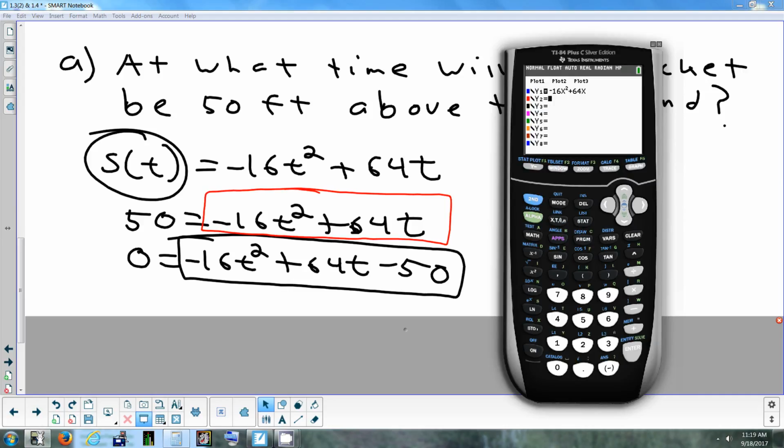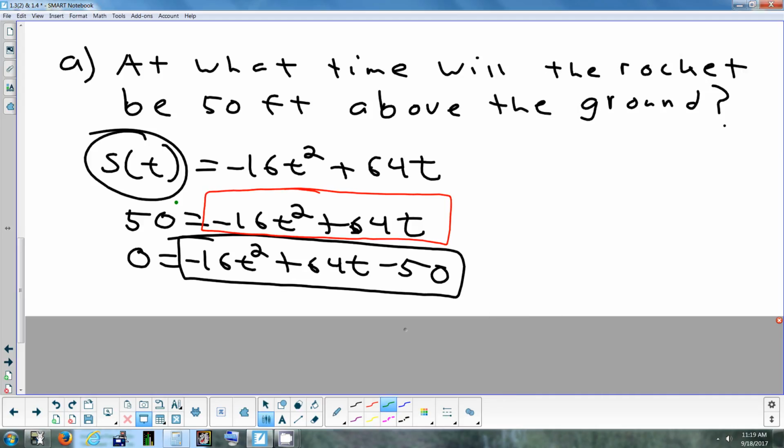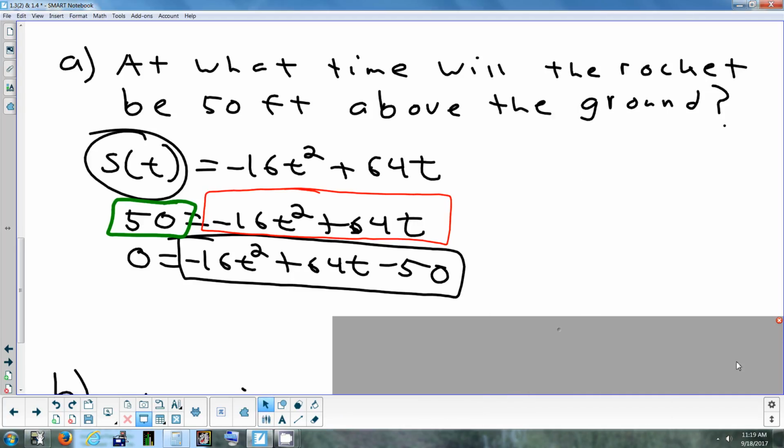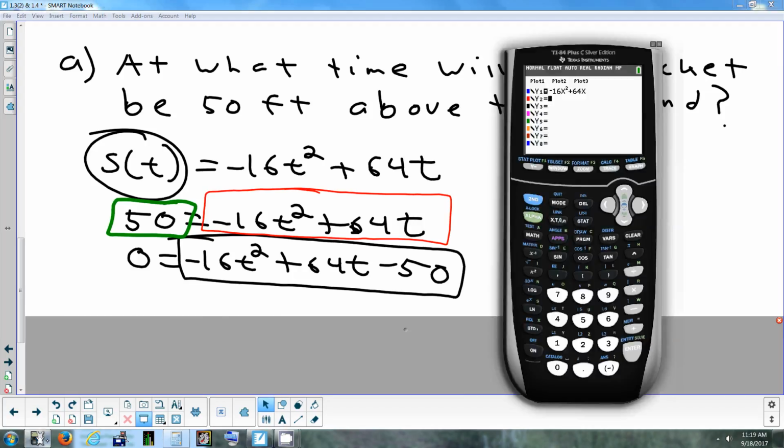So what's in that red box I put on one side. And then I'm going to put what's in the green box on a separate line. Okay, this is one way to do it. Let's put 50 on its own line.